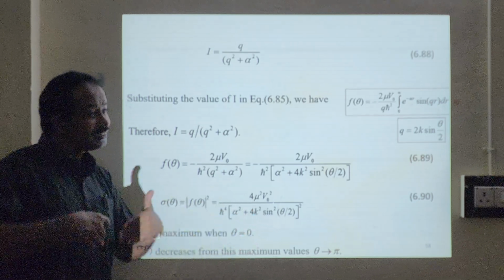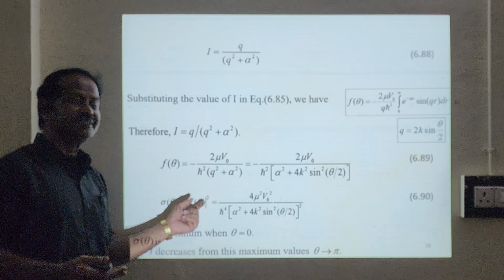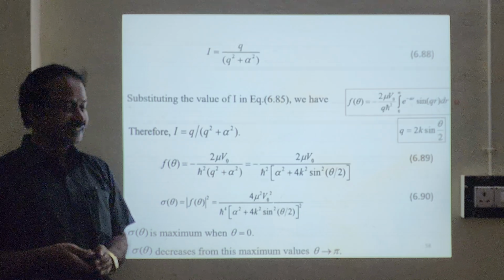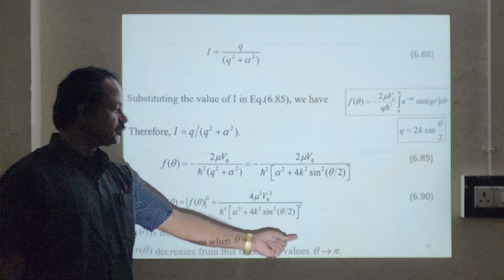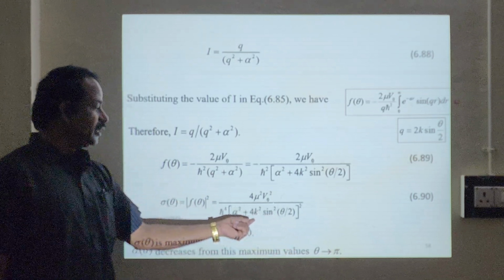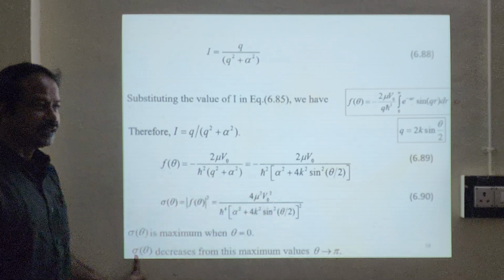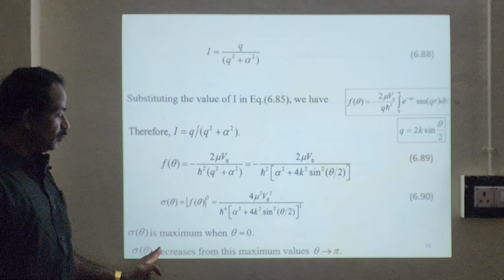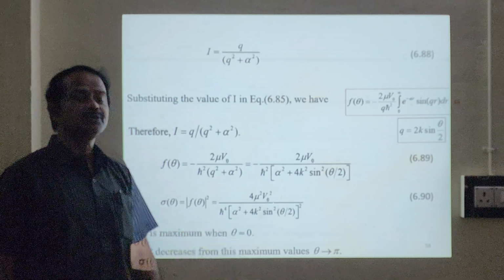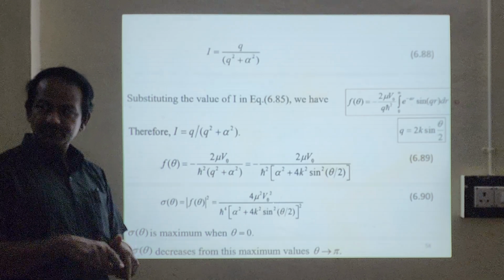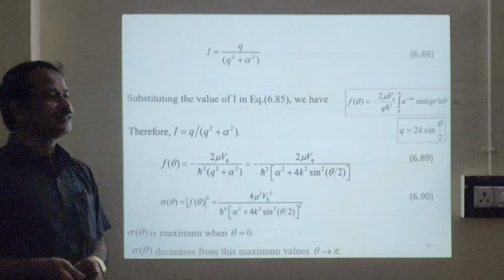You are going to increase the value, so automatically this value will decrease. Don't forget. So when you substitute theta equal to pi, the total value will decrease. So sigma of theta, the total cross section, will decrease from this maximum value when theta is pi. When theta tends to pi, the value will decrease.